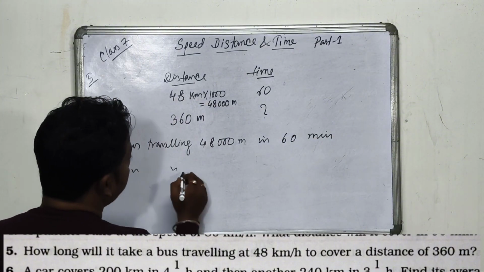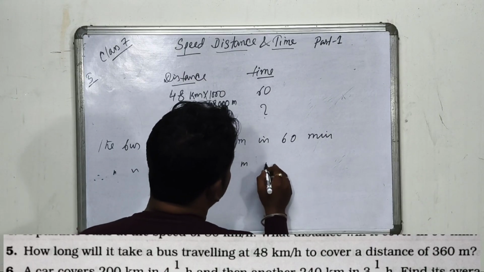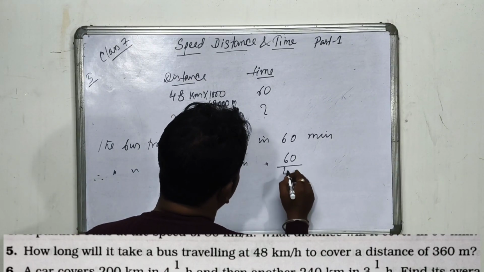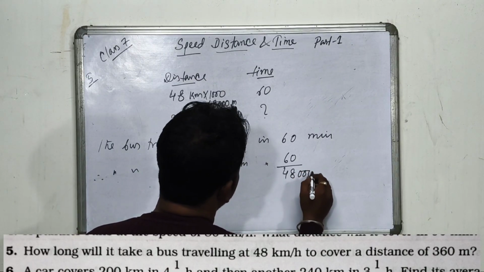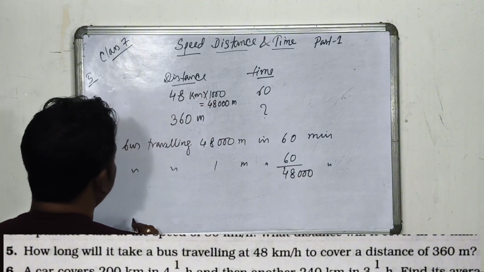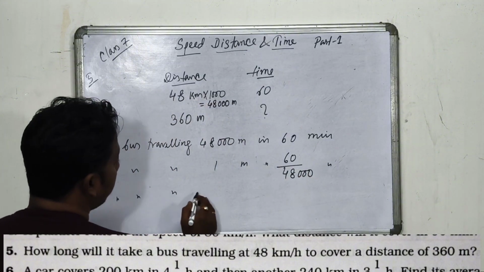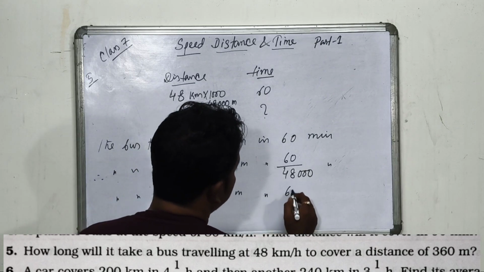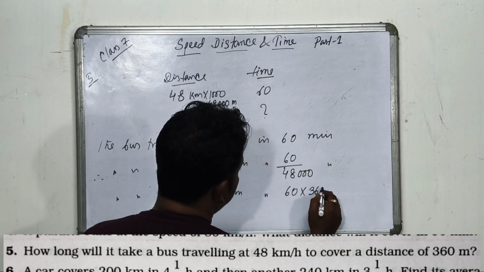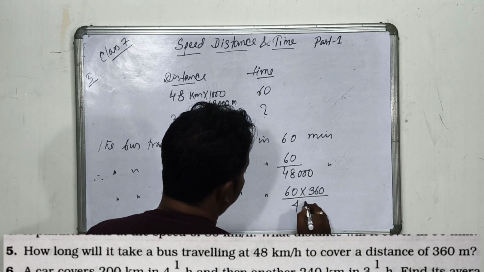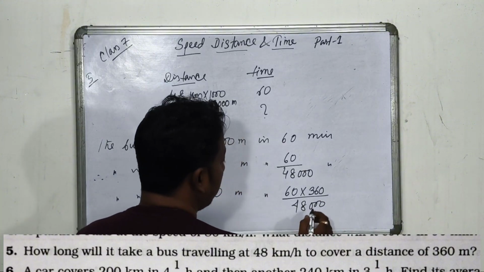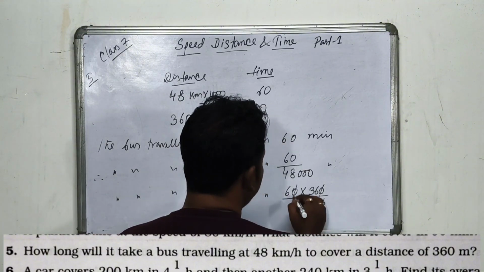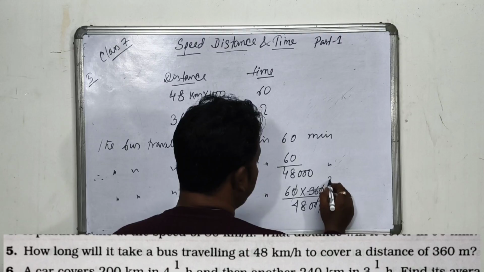Therefore the bus travels 360 meter in 60 into 360 divided by 48,000.